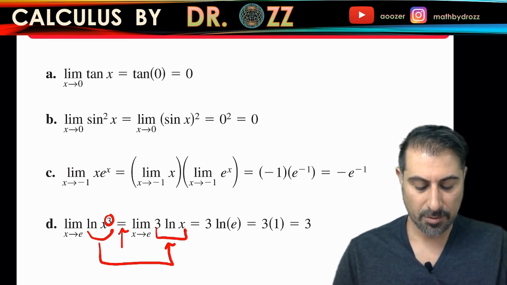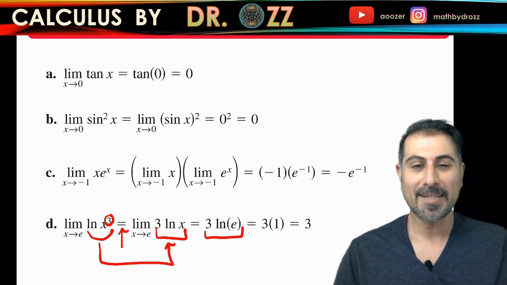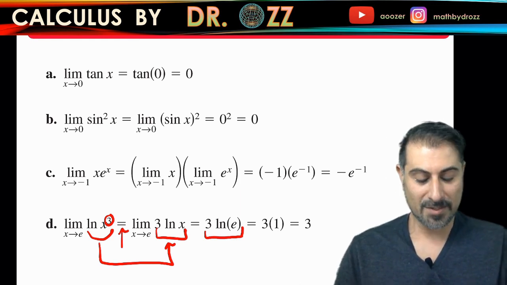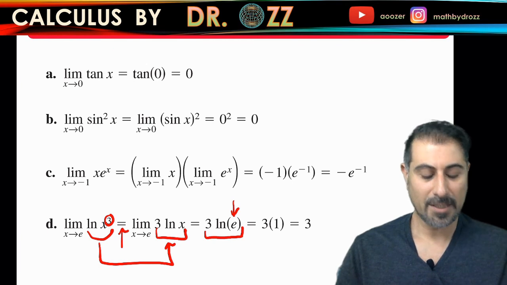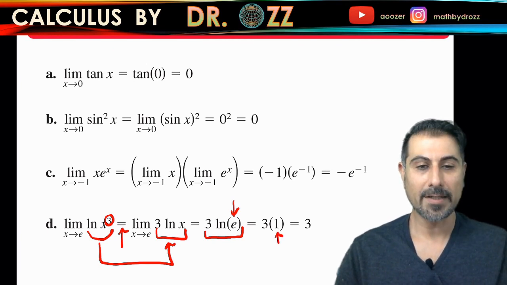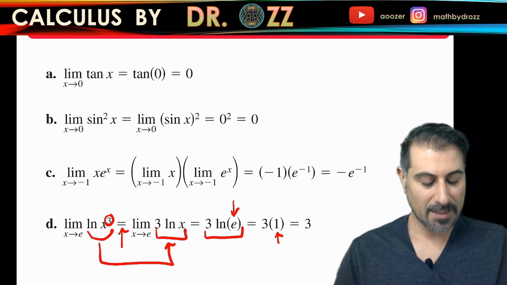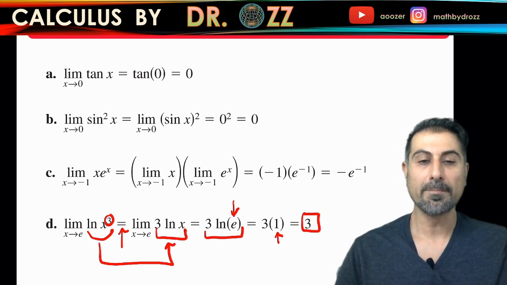So here we go. This is equal to 3 times ln e, but ln e is a very special value because e is a very special number. So ln e is equal to 1. That makes the limit of ln x cubed as x approaches e exactly equal to 3.